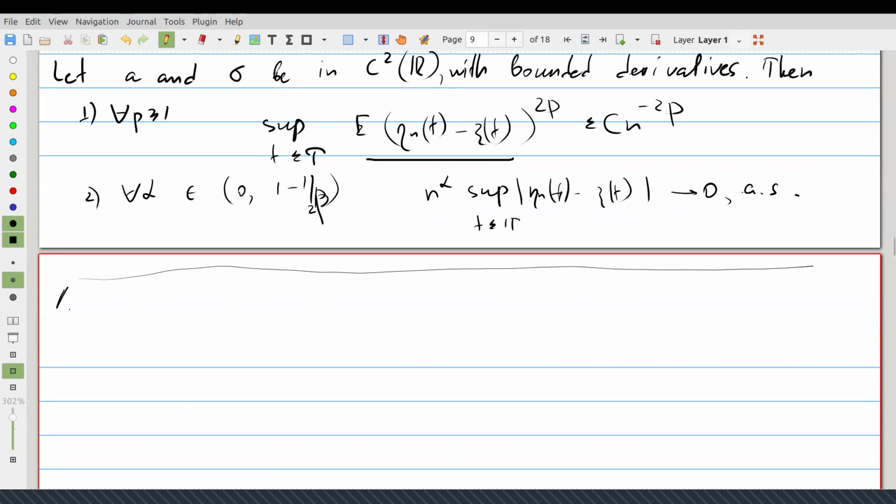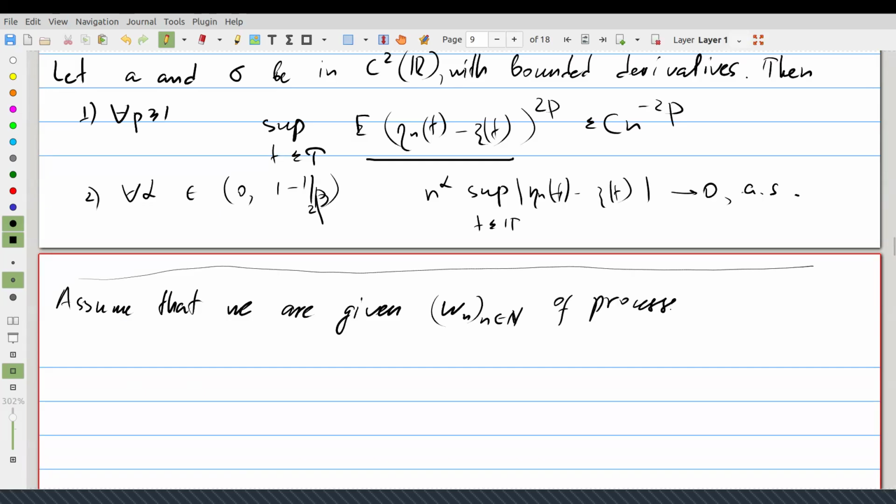So assume that we are given W^n, processes, typically of bounded variation.